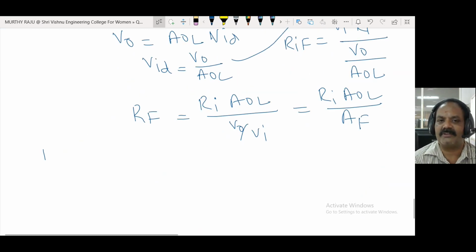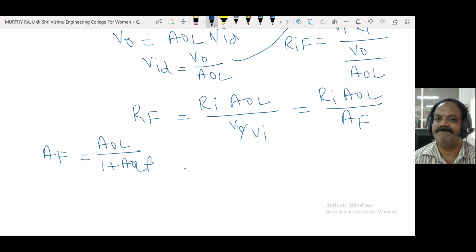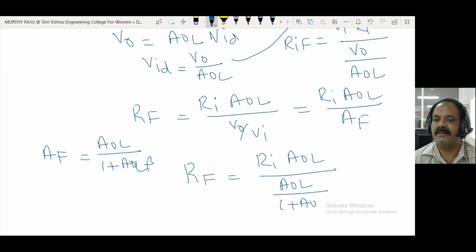Already derived that expression: AF is equal to AOL by 1 plus AOL into beta. Therefore, RIF is equal to RI AOL by AF, where AF is AOL by 1 plus AOL into beta.